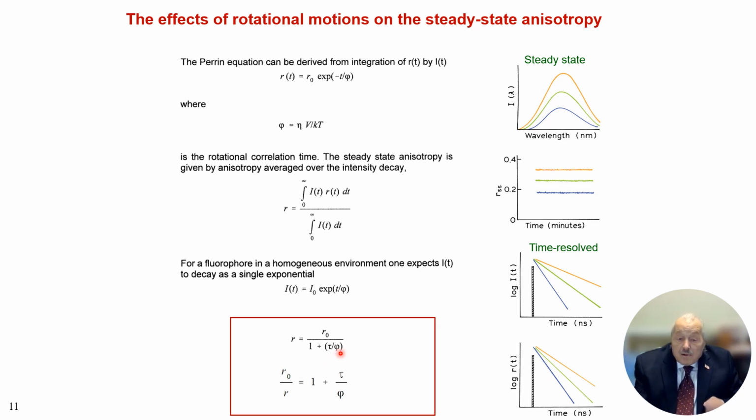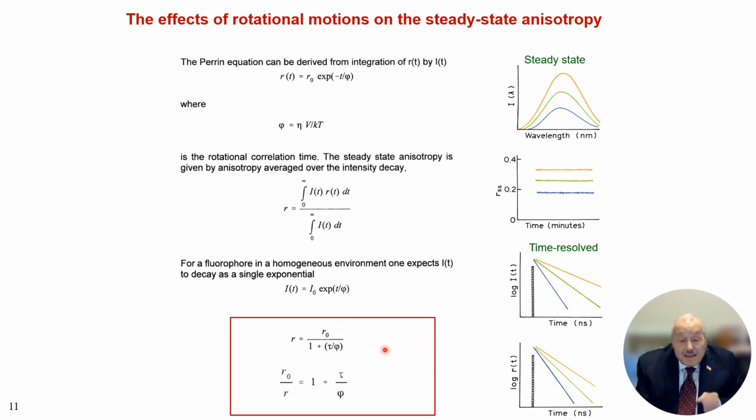If phi is very, very large, that means that's the correlation time for protein rotation. If that is much larger than the lifetime, then this number becomes big, and it drops the r0 value to a low value. Conversely, if the correlation time is very short, this becomes a large value and the anisotropy approaches 0.